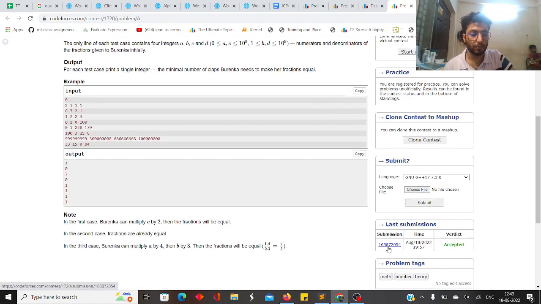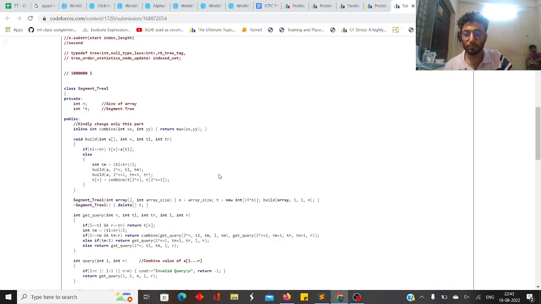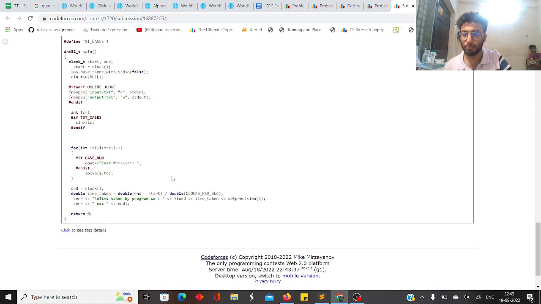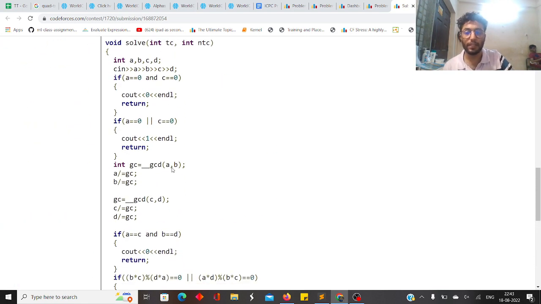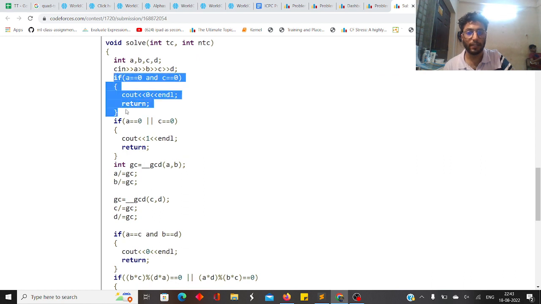I'll go over my code once. So let me zoom in. Okay, so I take my input a, b, c and d. If either a is equal to 0 or c is equal to 0, then my answer is 0, because if a is 0 and c is 0, both of the fractions are already 0 and I do not care about the value of b and d.